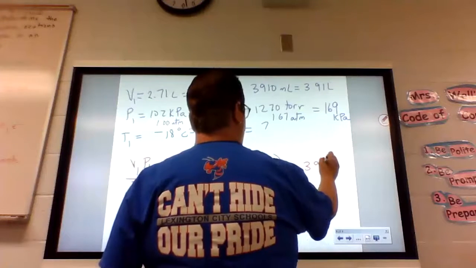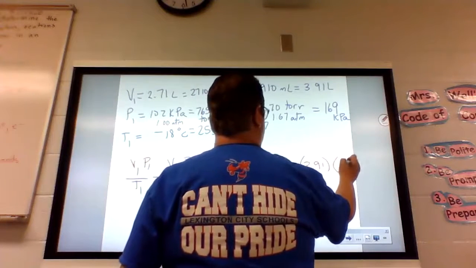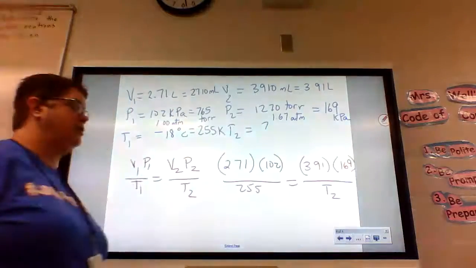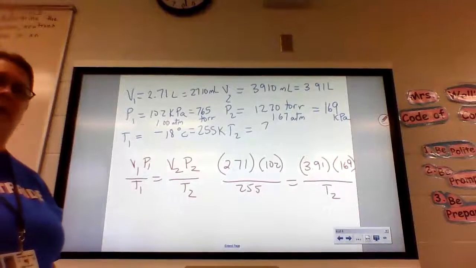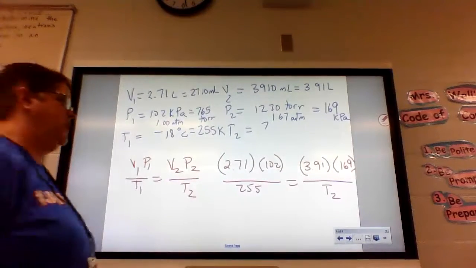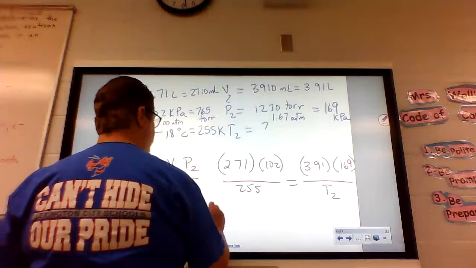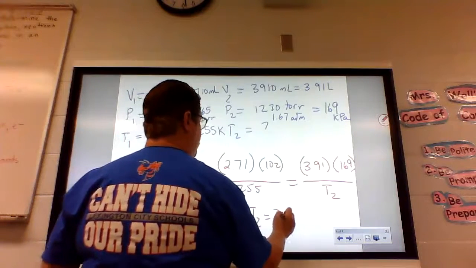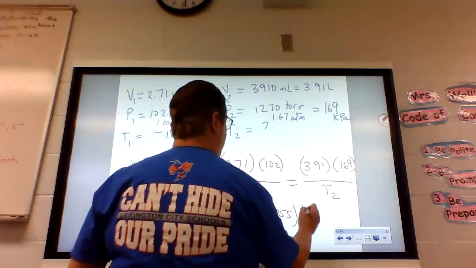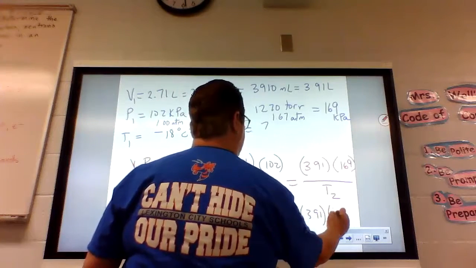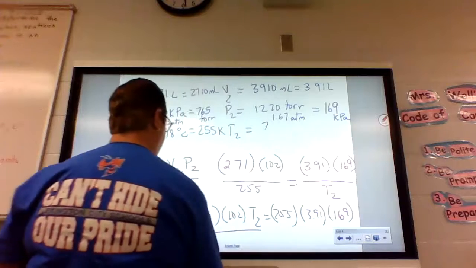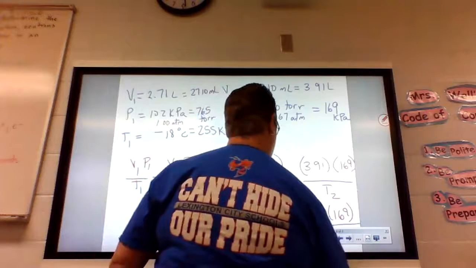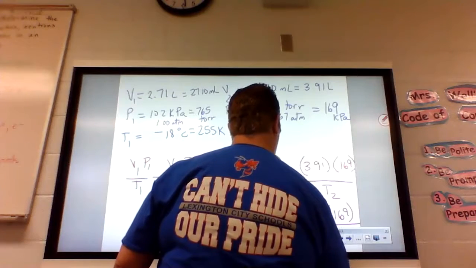So 2.71 liters, because I did liters, and then 102 because I chose kPa, and then over T2, 255. 3.91, 169, and then we're going to divide over here by 2.71 and 102. Correct.